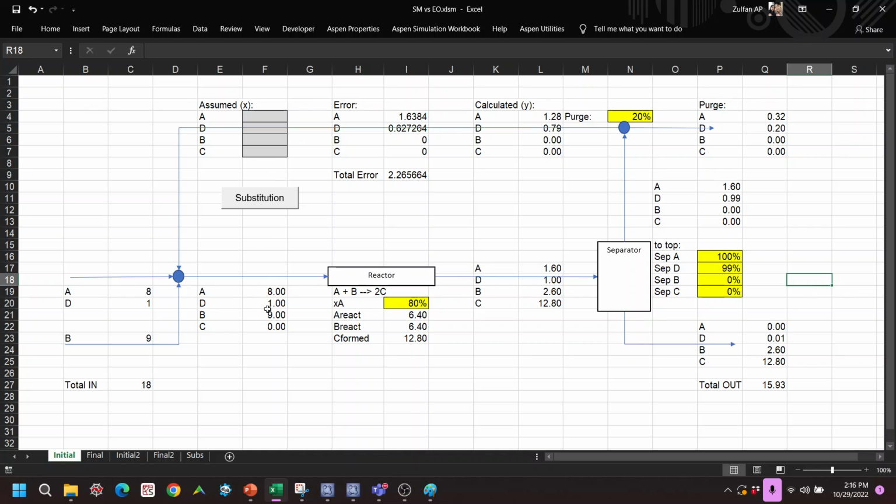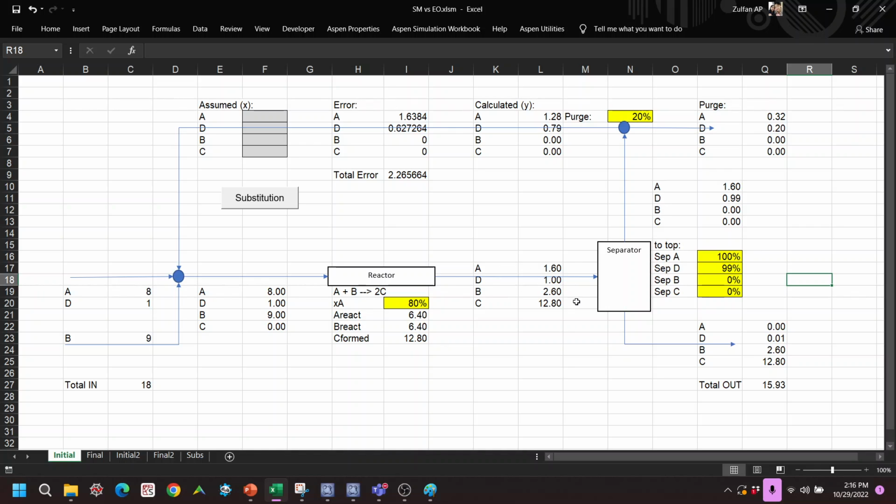That's basically what this is. And we have the performance of the reactor. To make it simple, say 80%, right? So 80% of A, which is 6.4, will be converted and will also consume the same amount of B, and then it will produce twice the amount of C.